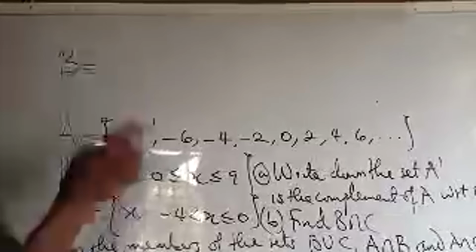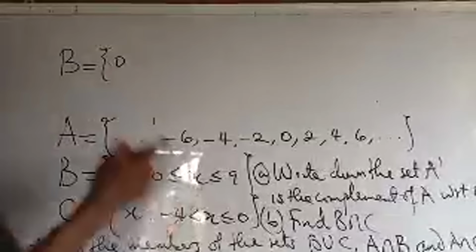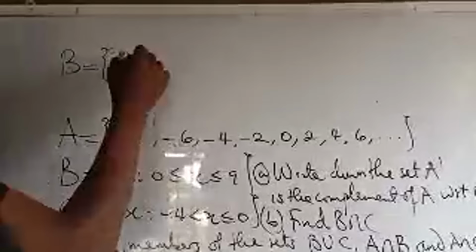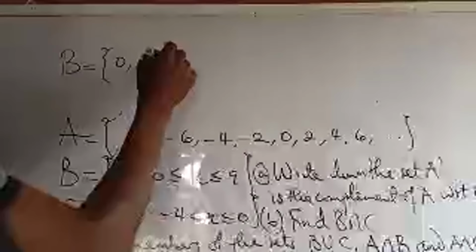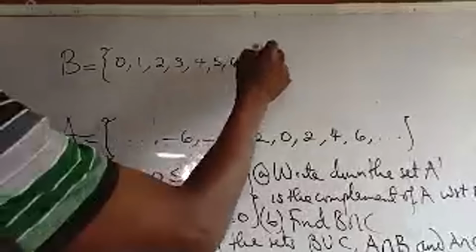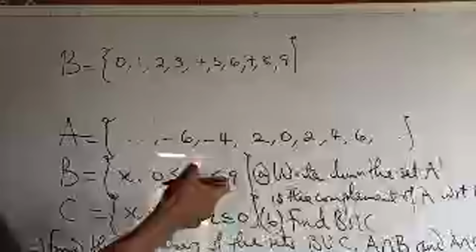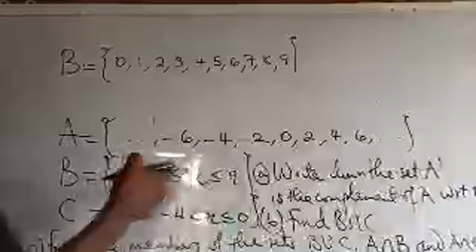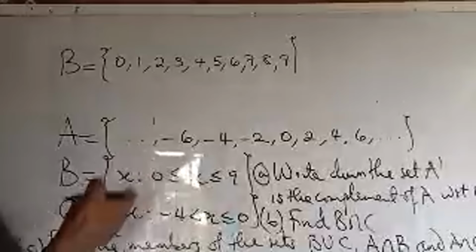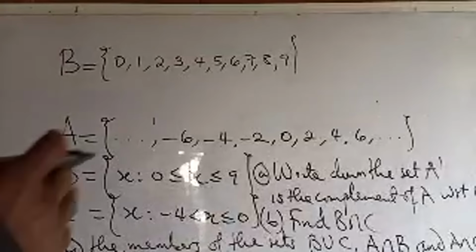It has to start from 0 because we are told that 0 is less than or equal to x. So it starts from 0. Then we have 1, 2, 3, 4, 5, 6, 7, 8, 9. Why? Because we are told that it starts from 0 and ends at 9. This less than or equal to means it ends at 9, and this one means it starts with 0. So the elements of set B are these.